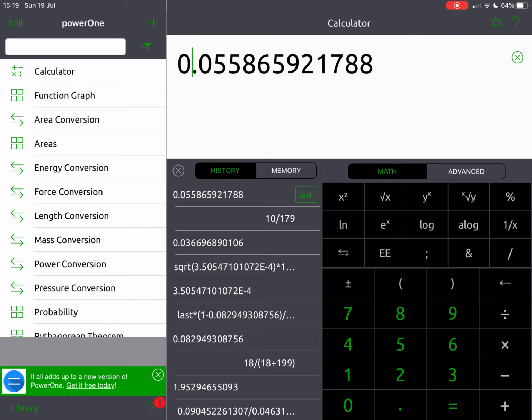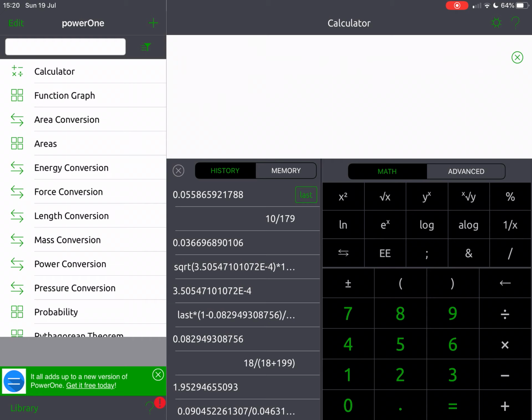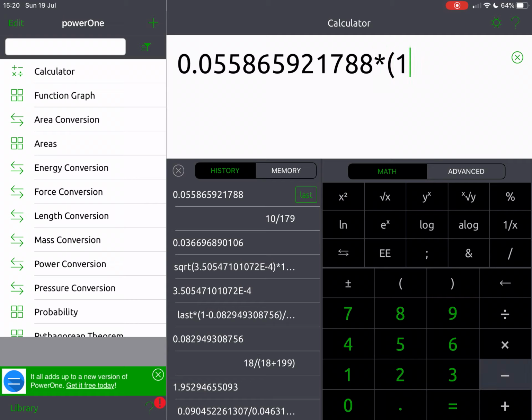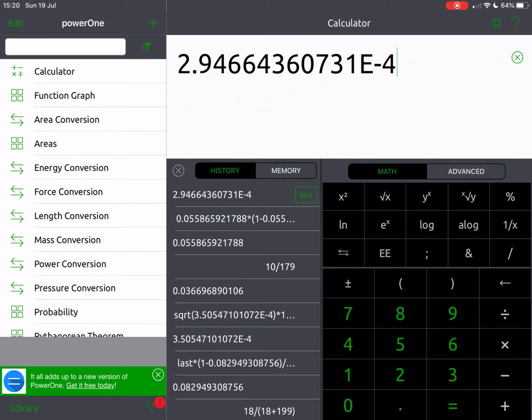So here I've got the value already, and so we want to calculate this times 1 minus this proportion divided by 179.